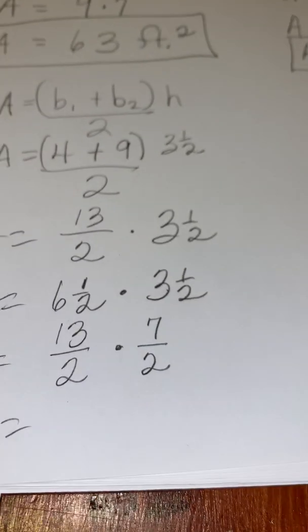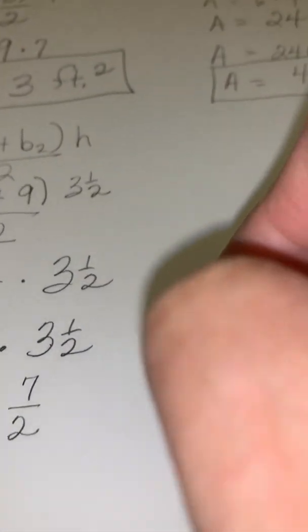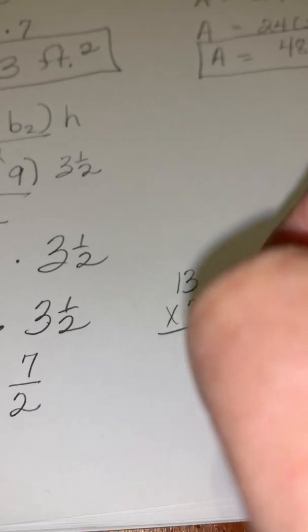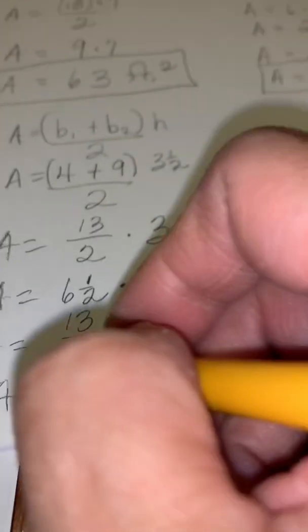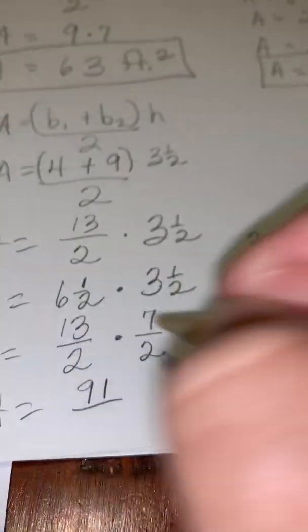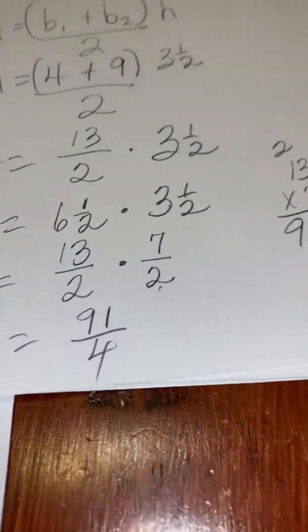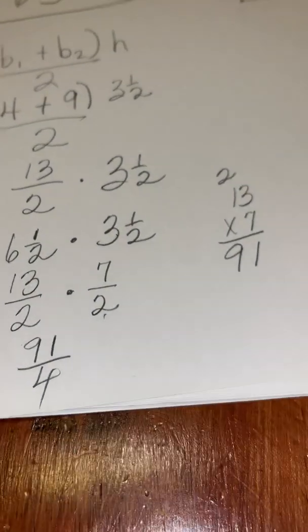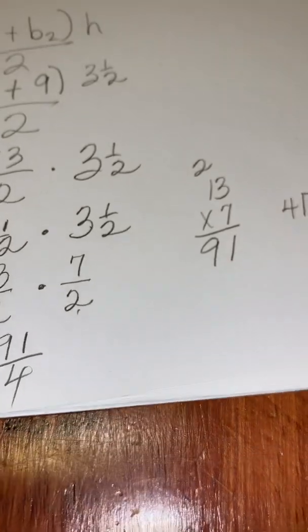And so then we could just multiply across. 13 times 7, that's going to be 91. So we're going to have 91. 2 times 2 would be 4. Now we're going to have to see how many times 4 goes into 91. 4 into 91.